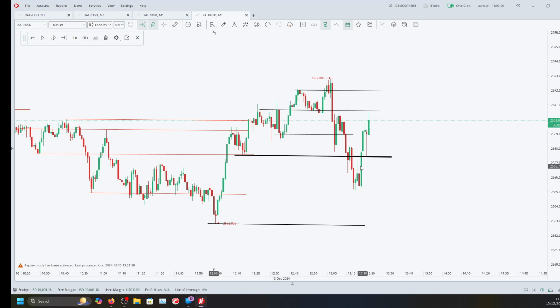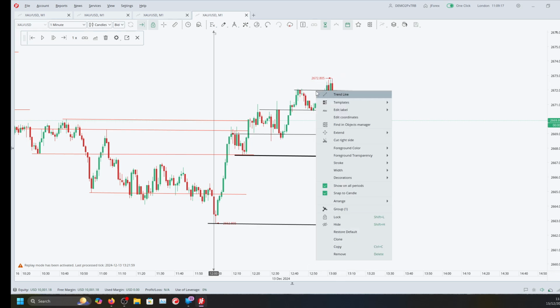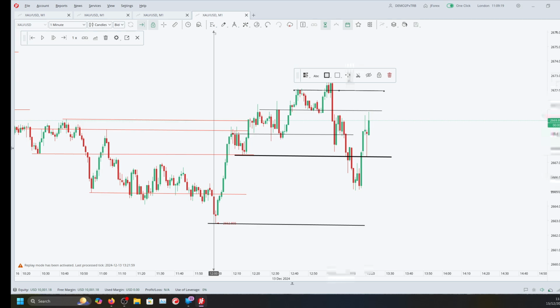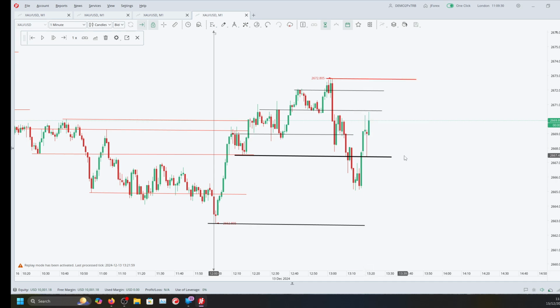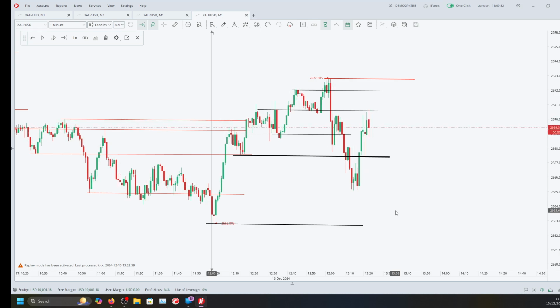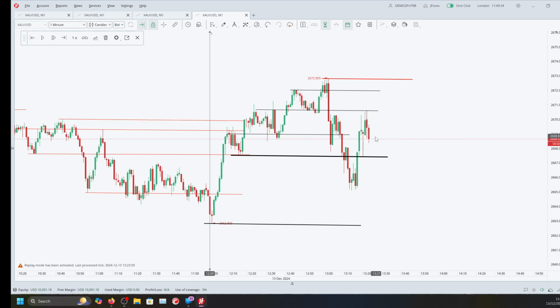Now I'm looking for reasons to start going short. As you can see, price is rejected off of the high here. There we go.